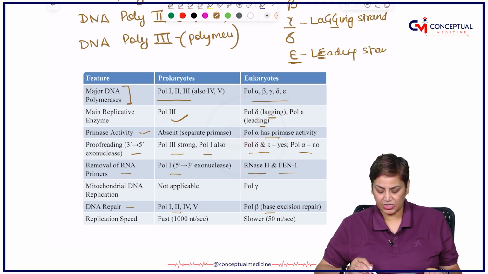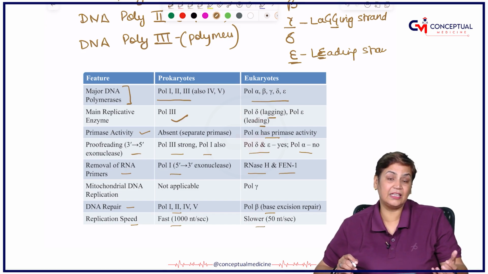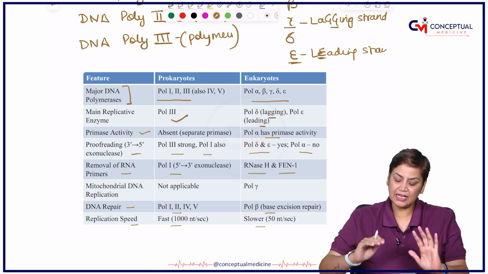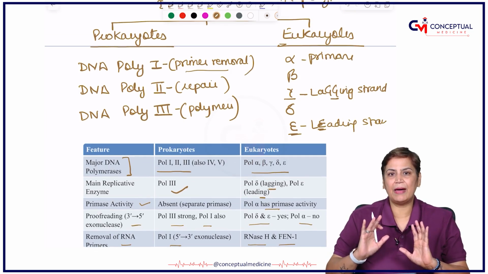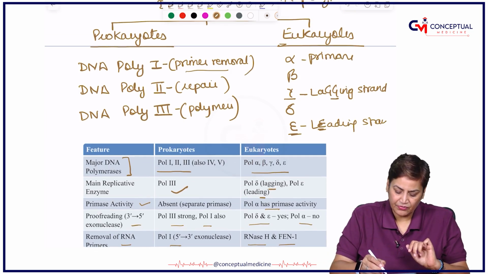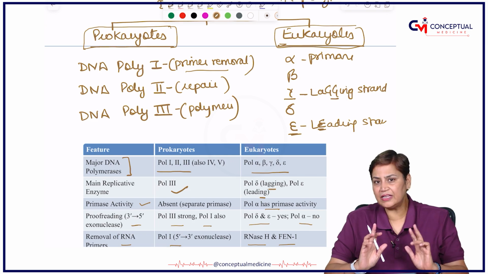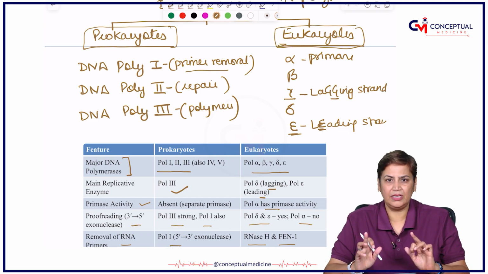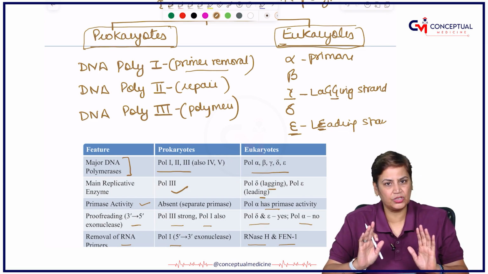And then this replication speed, it is fast, it is slower, because DNA polymerase 3 is the enzyme which is having maximum processivity. So this is a comparative statement between the prokaryotic and eukaryotic DNA polymerases. And always remember, DNA polymerases is the most important fidelity enzyme of replication.